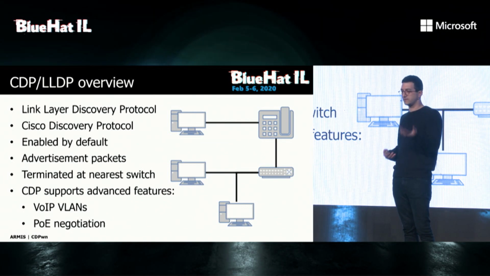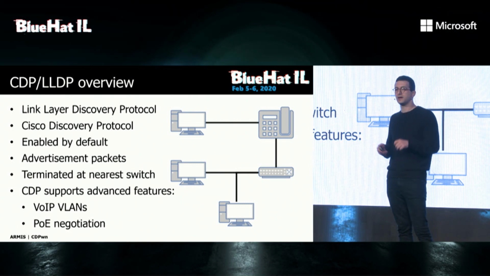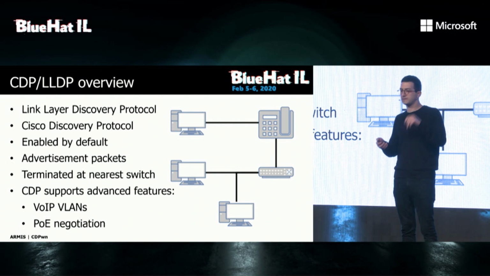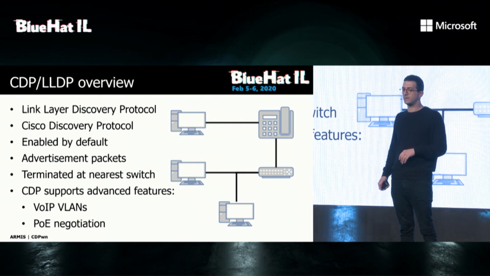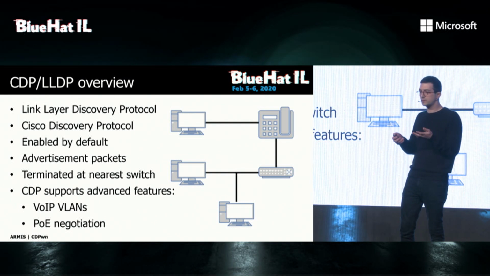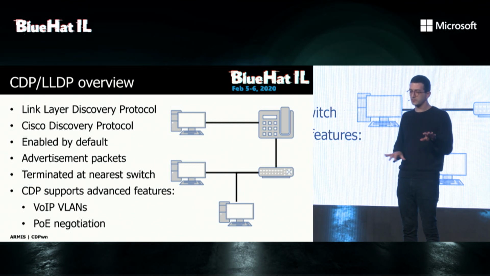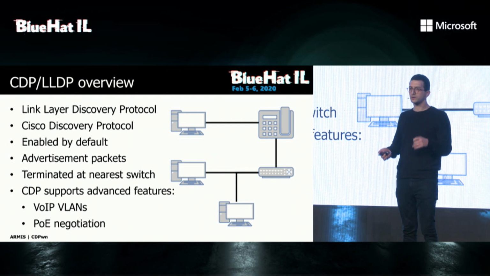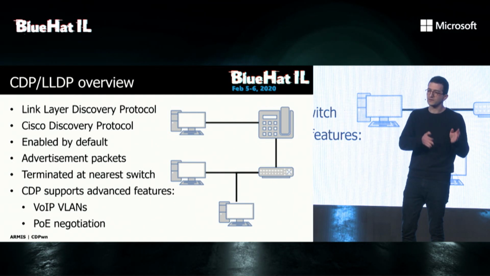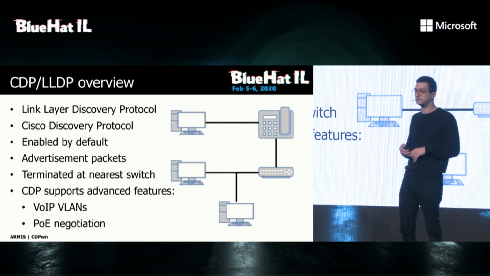So VoIP phones, for example, have 2 Ethernet ports, and you can connect one of them to the network and then another to a computer, kind of daisy chaining the network like that. And for this feature, to allow networks to still be segmented for VoIP phones and computers separately, the VoIP phones actually receive over CDP what is the VLAN designated for the IP phones and what is for the PC, and then the VoIP phone is also like a mini switch that separates these two segments.